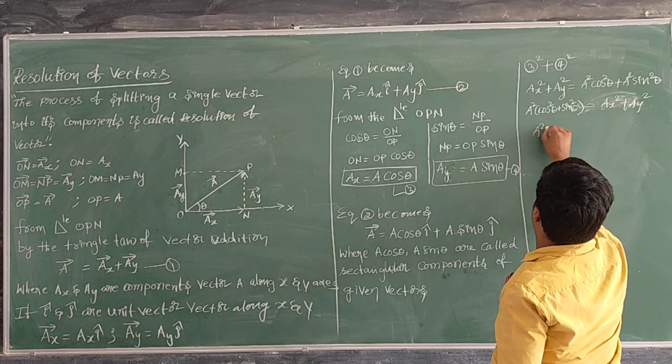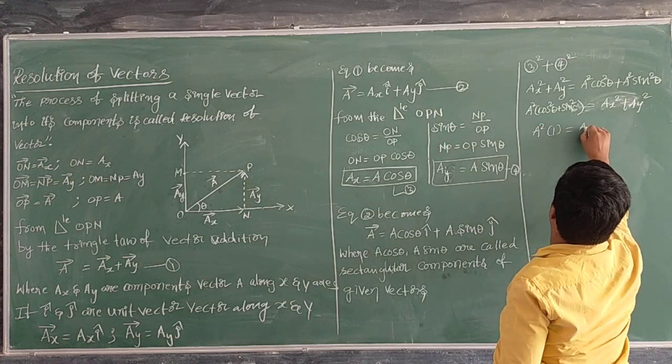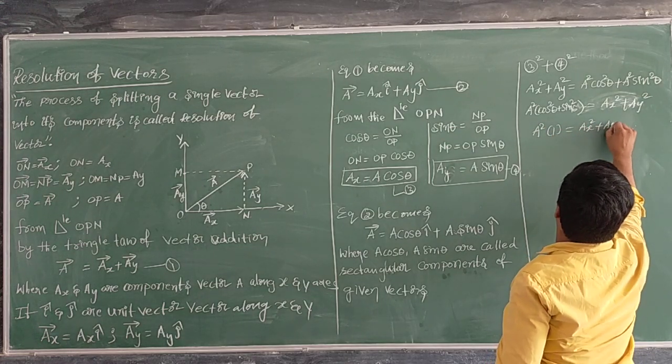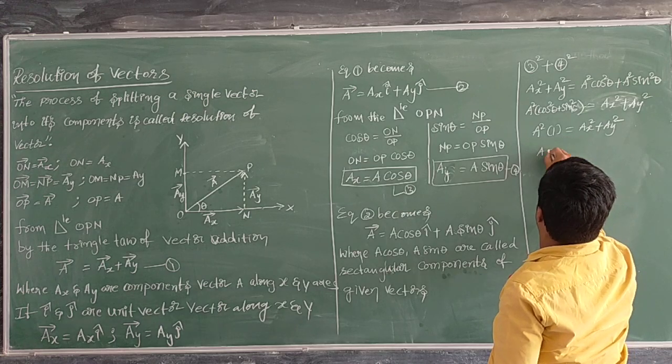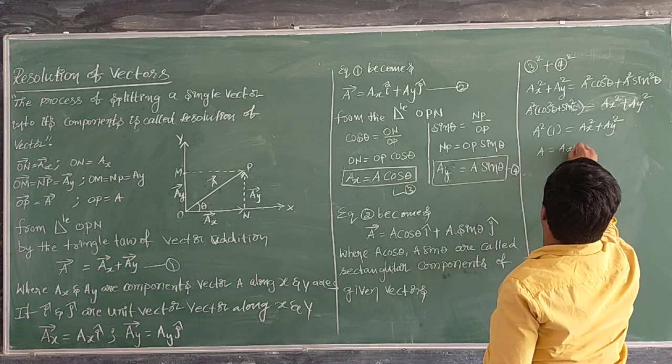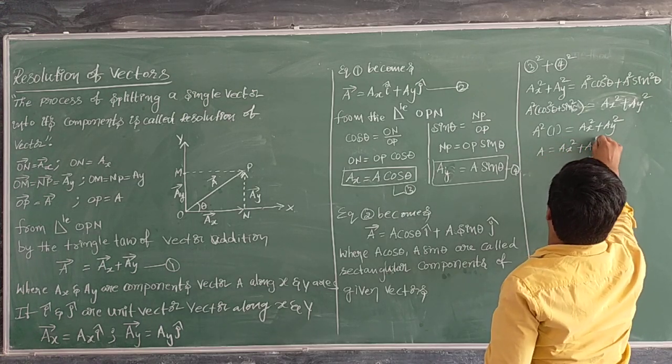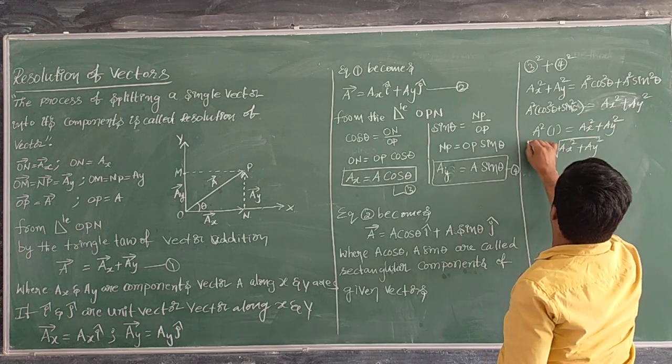So A square into 1 is equal to Ax square plus Ay square. So A is equal to square root of Ax square plus Ay square.